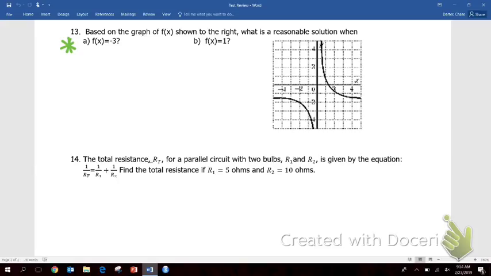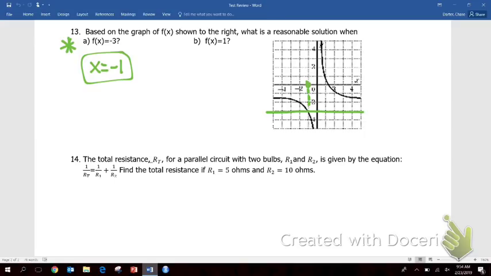So that means when y is negative 3, what is x? So I go to 1, 2, 3, negative 3. So when y is negative 3, that's the green line. So when y equals negative 3, the x value is negative 1. That's all we're doing.